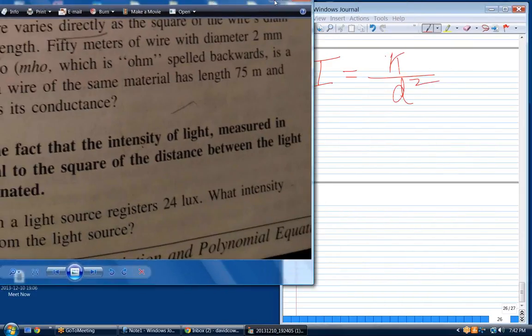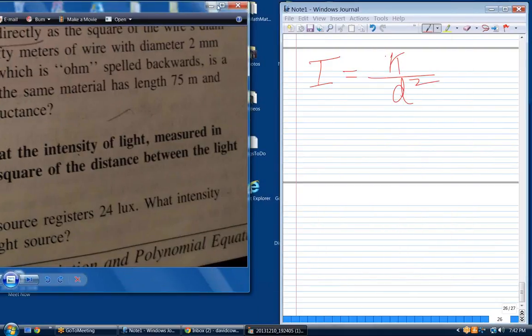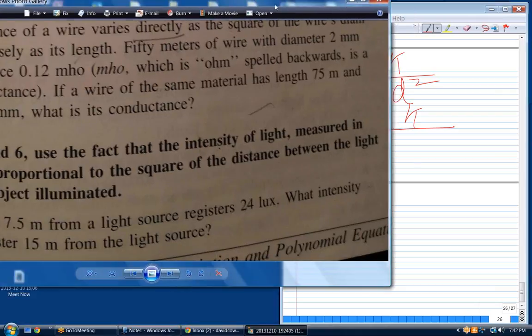A light meter 7.5 meters from the source registers 24 lux. So that 24 lux would be the intensity, so it would be 24 equals K divided by 7.5 squared, which is 56.25.